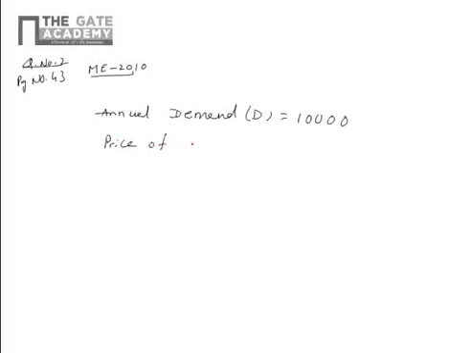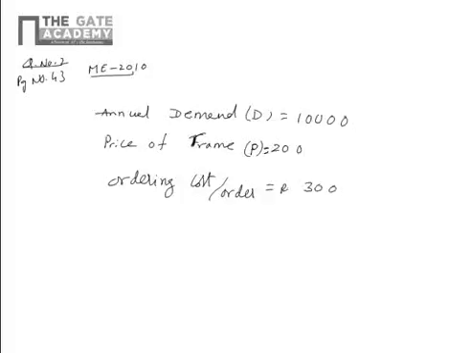Price of the item, P, is equal to 200. Ordering cost per order is equal to 300 rupees.